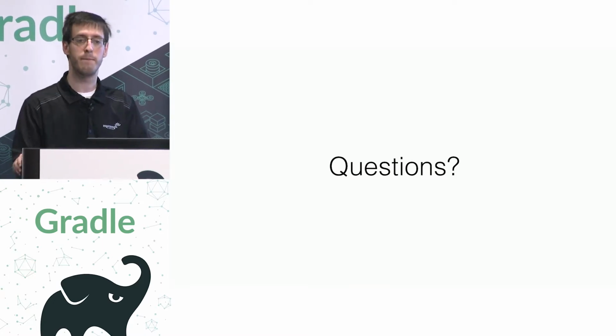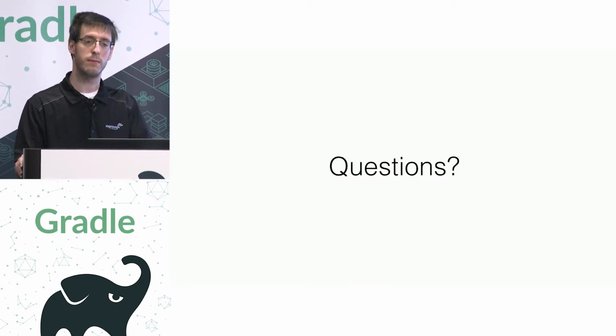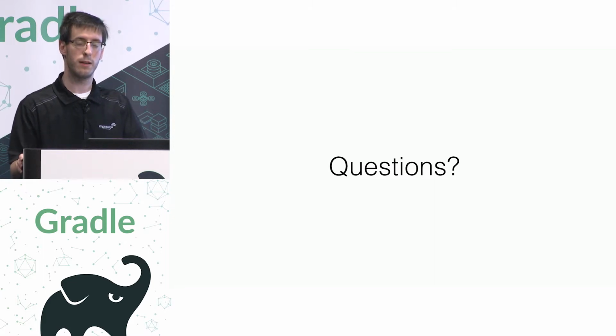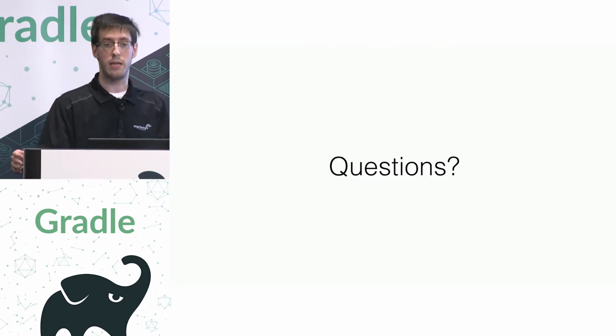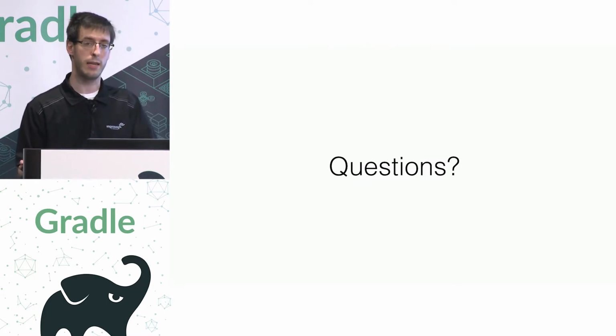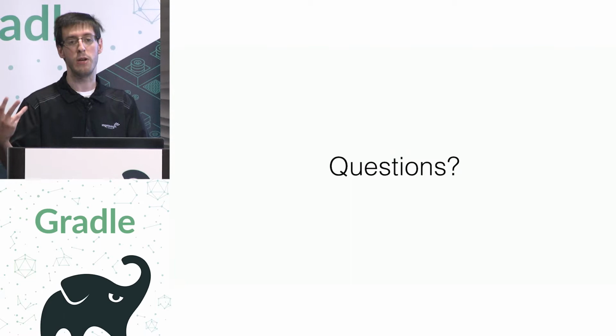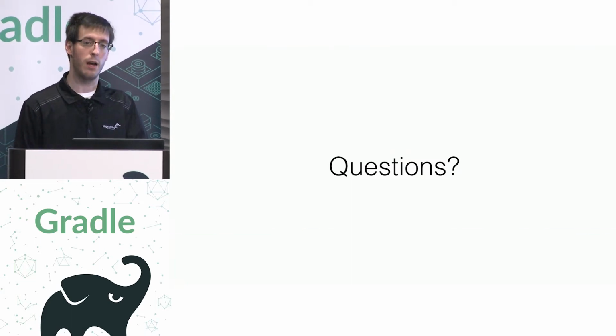Question. Sure. Your example shows how to pass Gradle tasks to do something inside of the Docker. But what about passing parameters, project properties, and JVM parameters? So at this point, it's very simplistic in the sense that if you need a specific JVM parameter, right now I don't have logic in there to handle it.